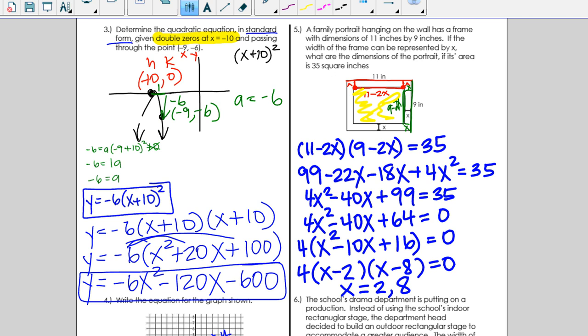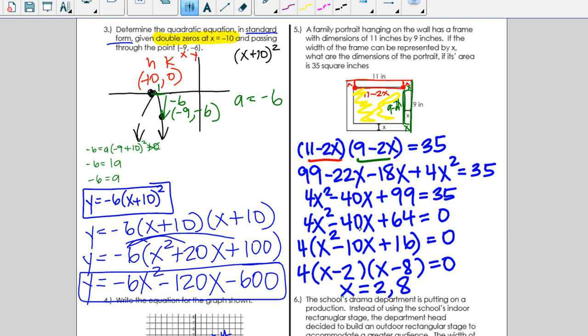So in this case, let's go back and read the question. It says, if the width of the frame can be represented by x, what are the dimensions of the portrait if its area is 35 square inches? So here, one of the dimensions was the 11 minus 2x. The other dimension was the 9 minus 2x.